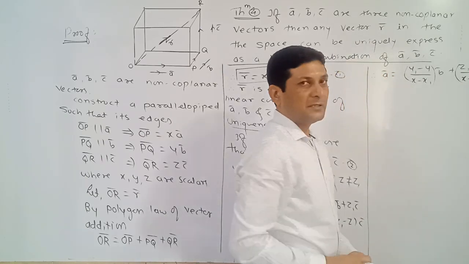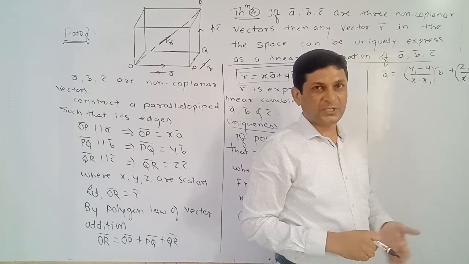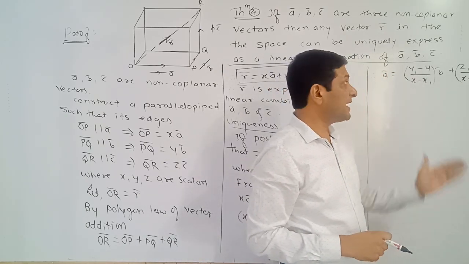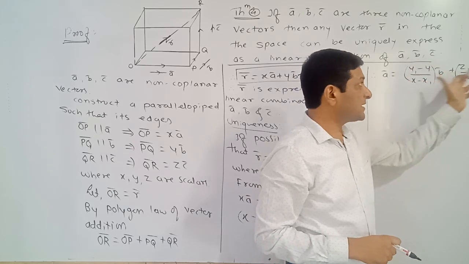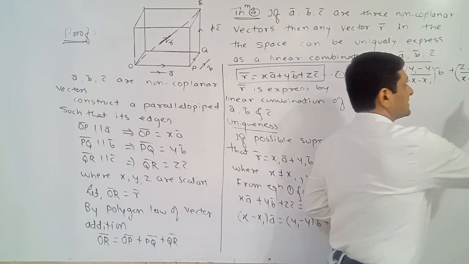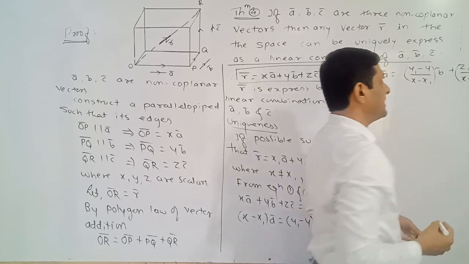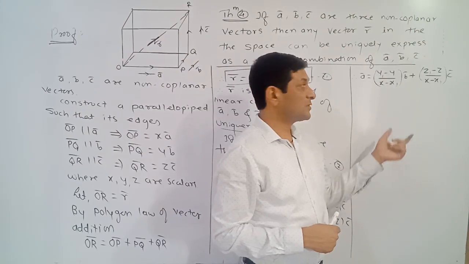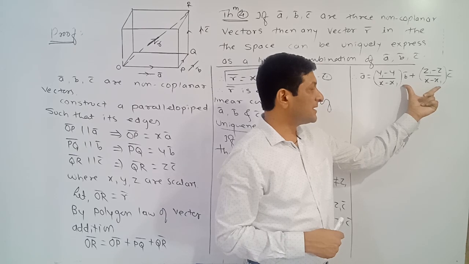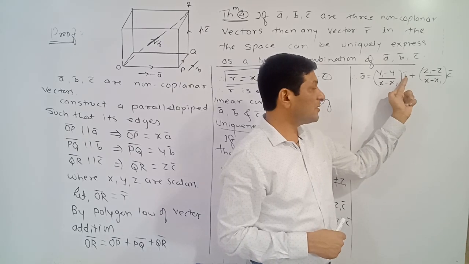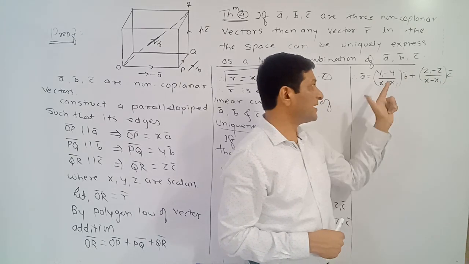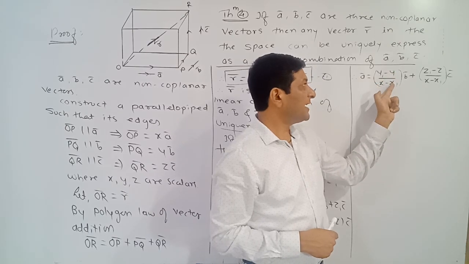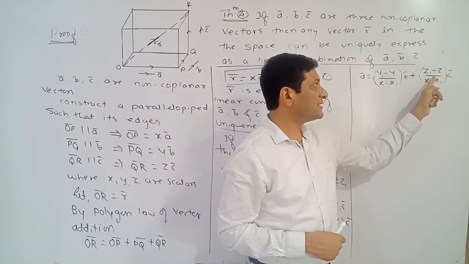Now in this expression, on the right hand side two vectors are there, b bar and c bar. So the right hand side is a linear combination of which two vectors? b bar and c bar. What are x, y, x1, y1, z, z1?